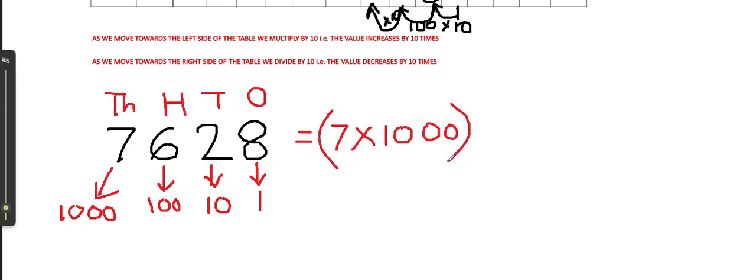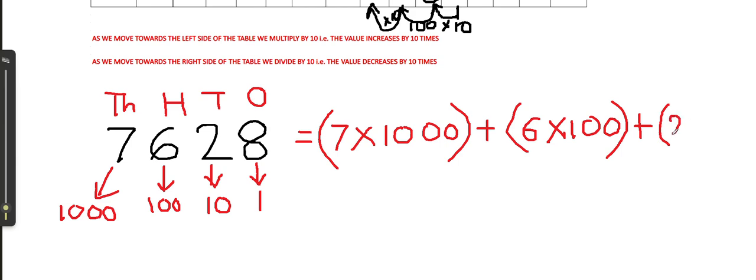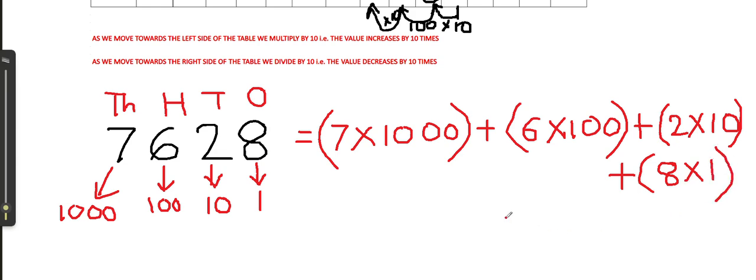Job done for the thousands place. Plus 6 belongs to the hundreds place, so 6 times 100. Job done with my hundreds place. Moving on to the tens place, we have 2 times 10 because 2 belongs to the tens place. Plus, lastly, we have this 8 which belongs to the ones place, so it is multiplied by 1.